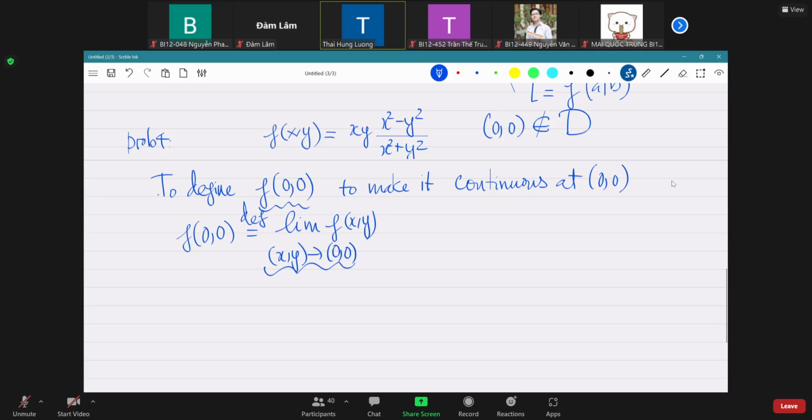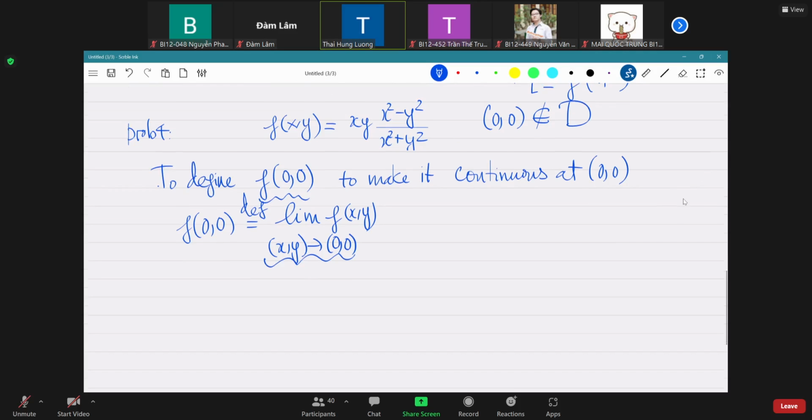Can someone give me any idea how to find the limit? Let me ask you a question.